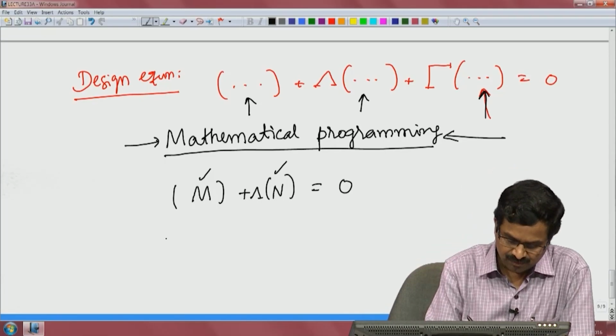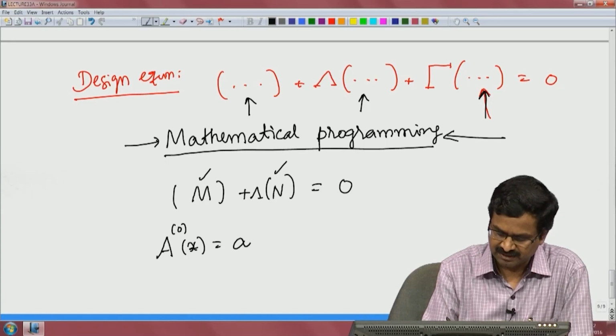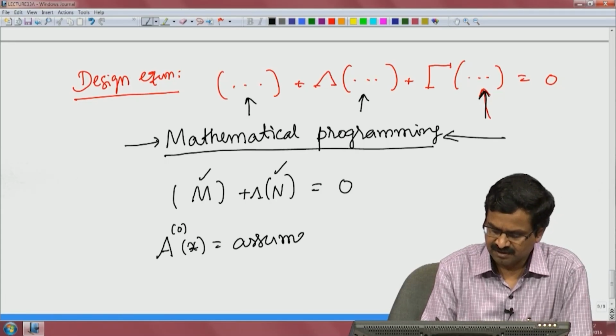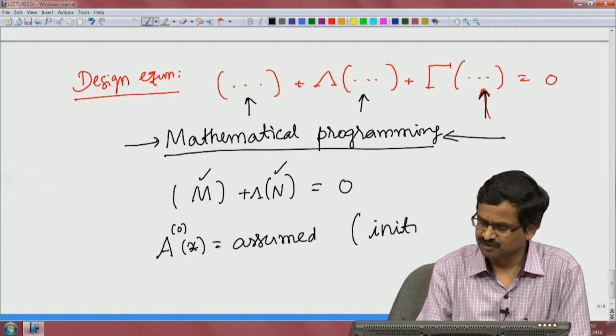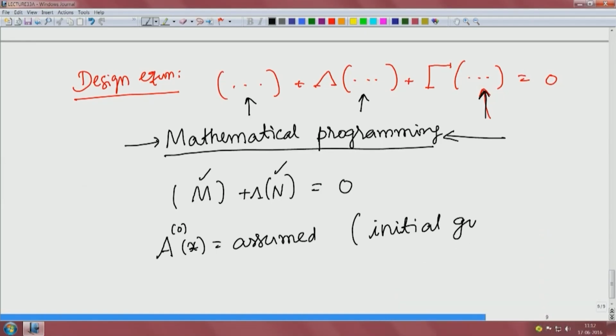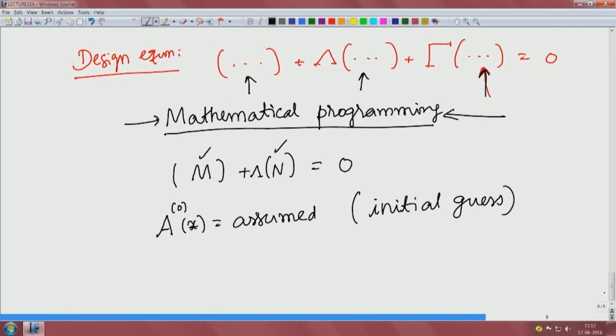So, we assume an iteration a0 of x. In any optimization problem we need to have an initial guess. You have to start somewhere, an initial guess. You take that so that it satisfies the volume constraint. Okay. Make sure that it satisfies the volume constraint.